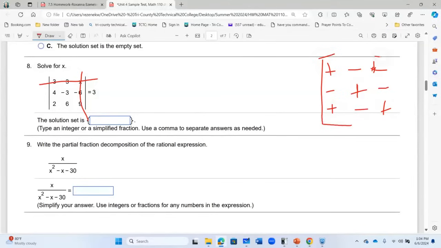Okay, so I will just put my signs outside. And then I want to find the cofactors for the first row.